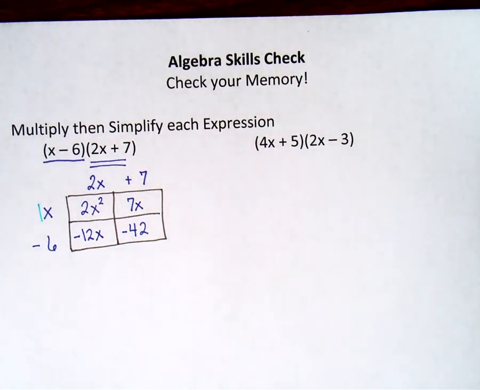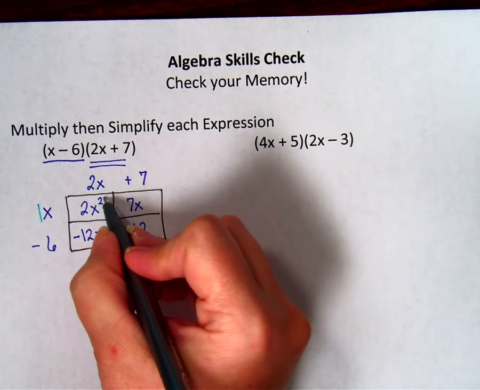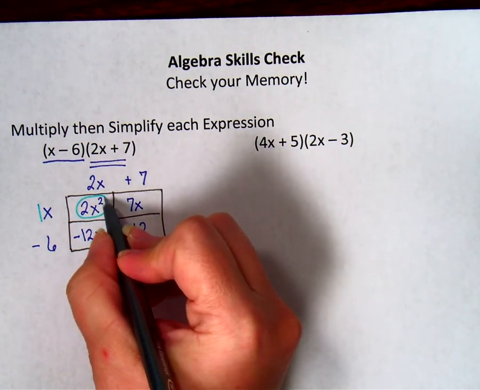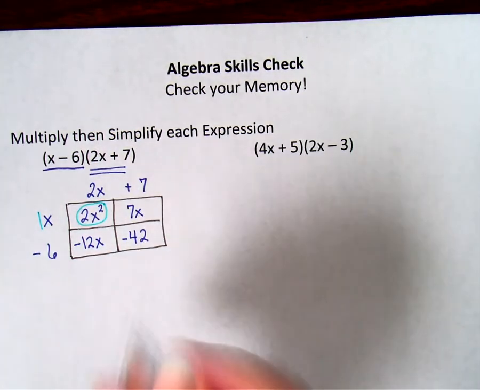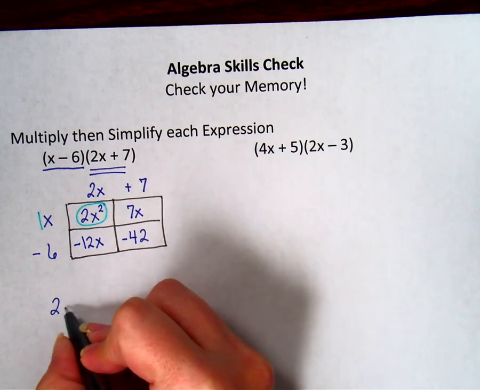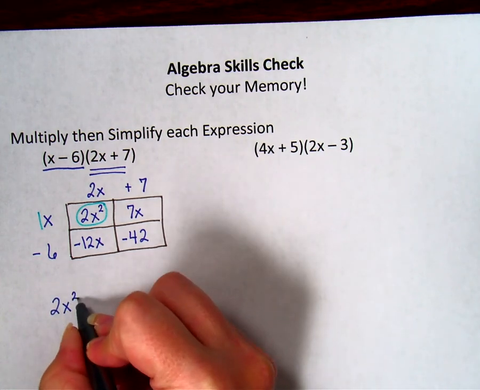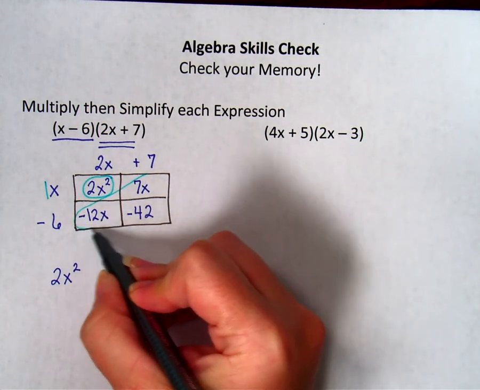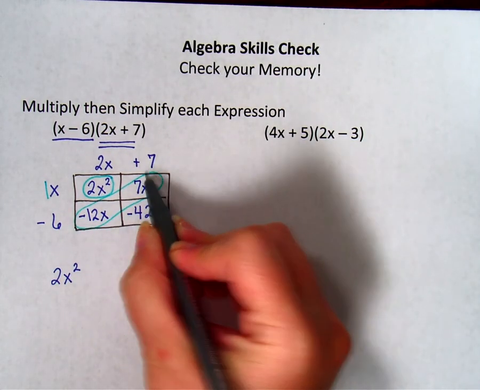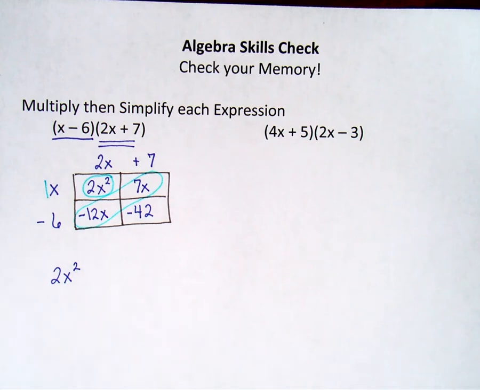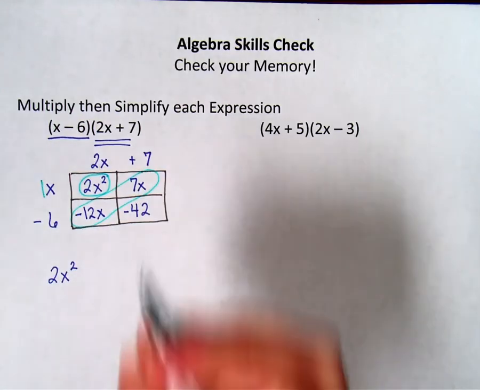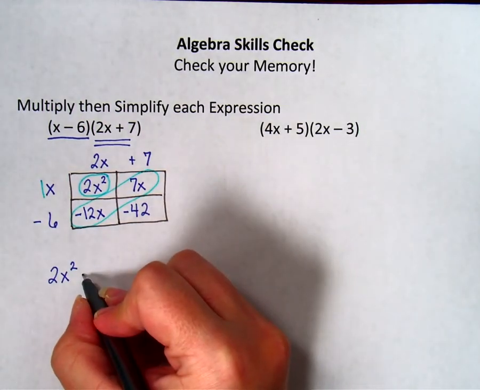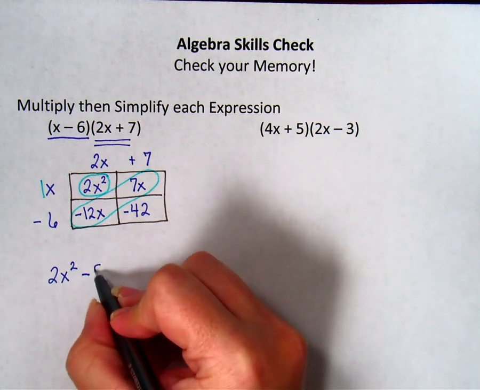Okay, so then inside our boxes we combine all of our like terms. I just have this 2x squared, that's the only thing with a square on it, so that's the only thing I write there, 2x squared. And then here on this diagonal, I have a negative 12x, and I have a positive 7x, so negative 12 and a positive 7 is going to be a negative 5x.